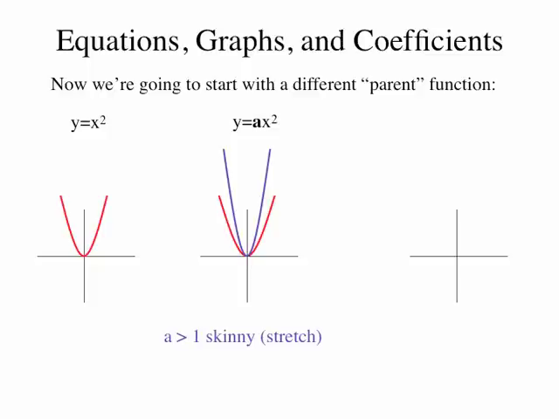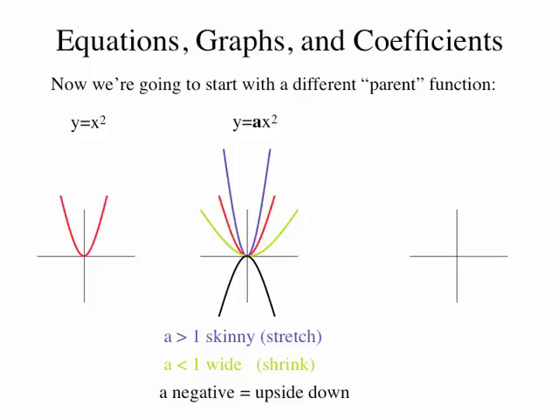If we make a number that's smaller than 1, our parabola flattens out. It's like we took it and sat on it and flattened it out. So this is what a less than 1 might look like. If we took our a and we made it negative, it would actually flip our whole parabola upside down.